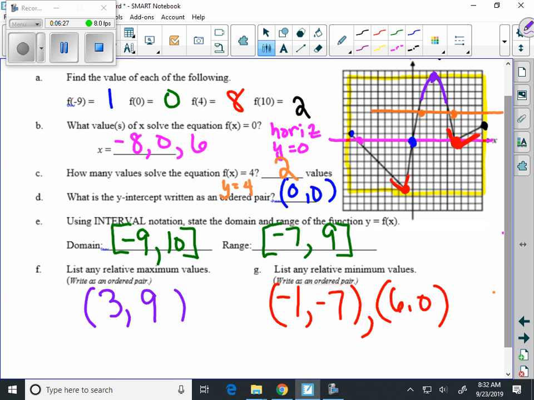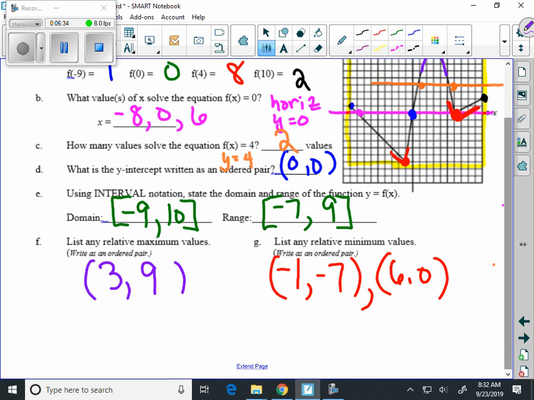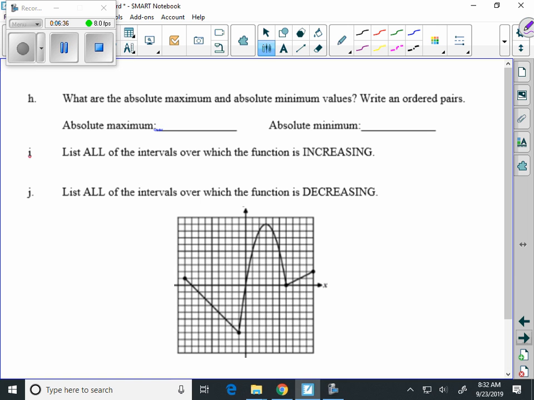But the thing about that relative maximum is not only is it a relative maximum, but it also happens to be the absolute maximum. It is the highest point on the graph. And the thing about the absolute maximums, or absolute minimum for that case, is that they don't have to be at a peak or a valley. They can be. It's just the highest point in the graph is the absolute maximum.